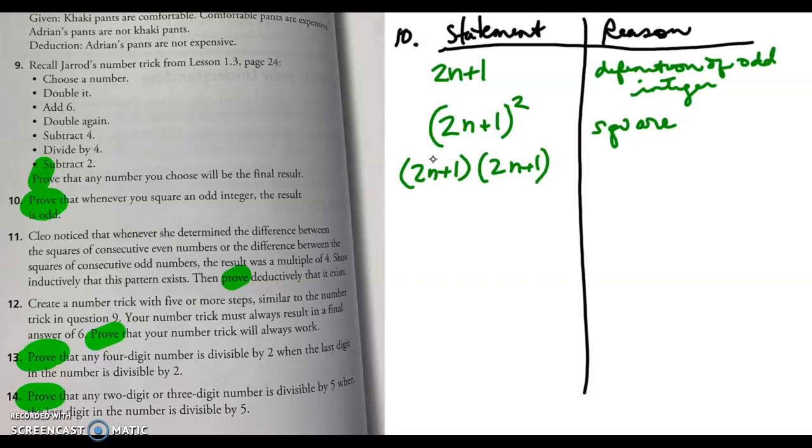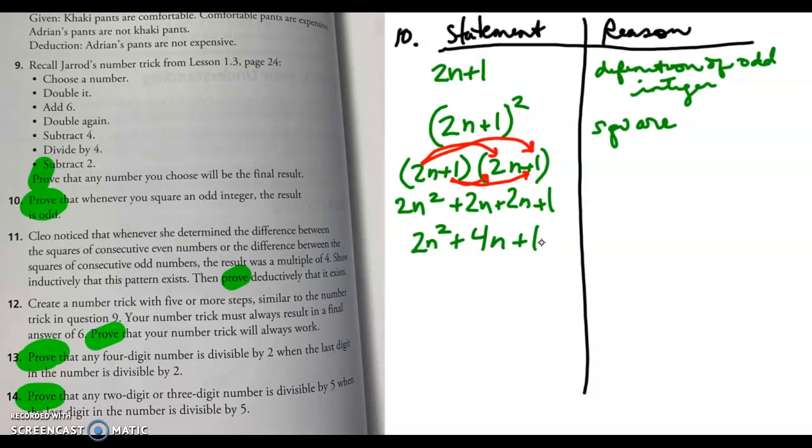So I'll do that here. 2n times 2n, we have 2n squared, and 2n times 1 plus 2n, and then the insides, 1 times 2n. If you can see what this answer will be, you don't need to show this middle step, but I'm doing all the work. 1 times 1 is 1. And then we can group the like terms.